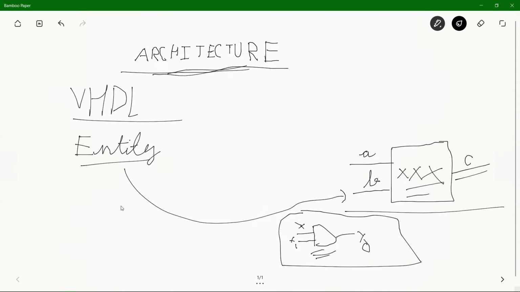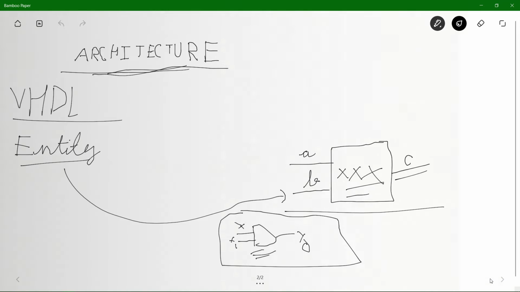Okay, I'm telling it properly. Suppose we want to make an AND gate, right?